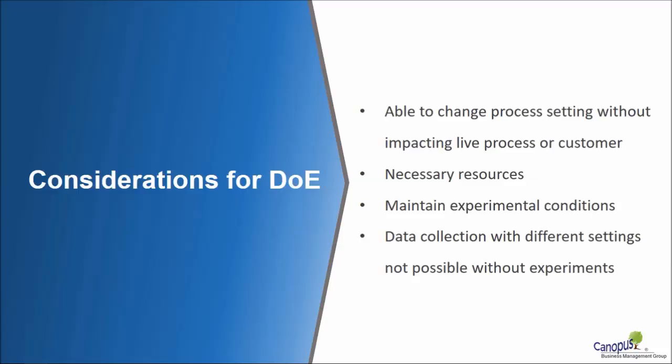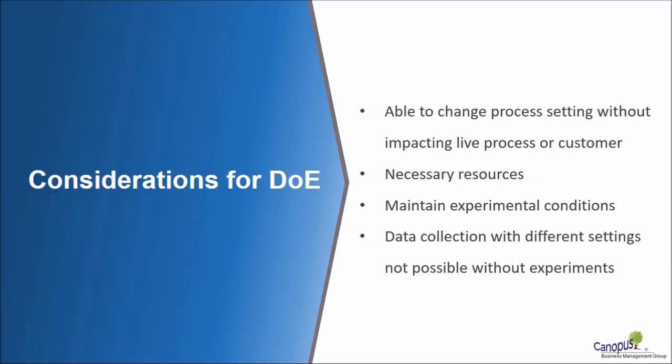Now coming to the last point, in some cases we may not be able to get the data without altering the various parameters. In other words, without performing an experiment, we may not be able to collect the data because our process may be locked for that particular parameter. For example, the service level.